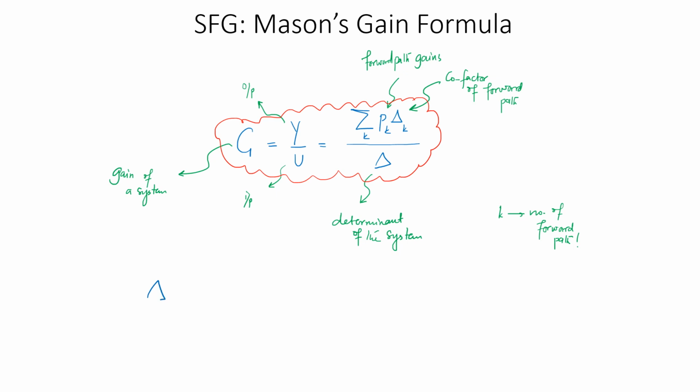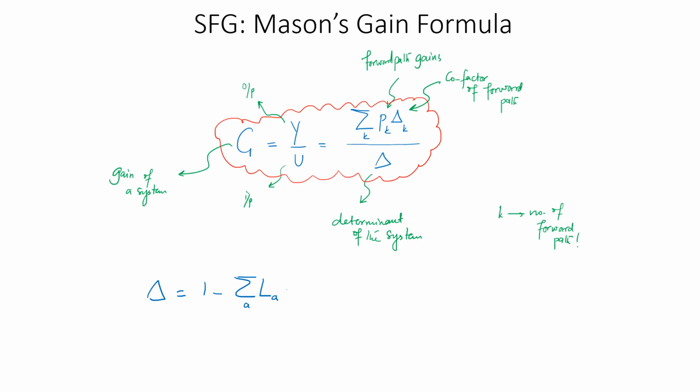Finding out the determinant is the foremost thing. That is equal to 1 minus the sum of all the loop gains in a system. So you are going to count how many loops there are in a system, and all the gains corresponding to those loops are needed to be summed up in this particular part of the formula.